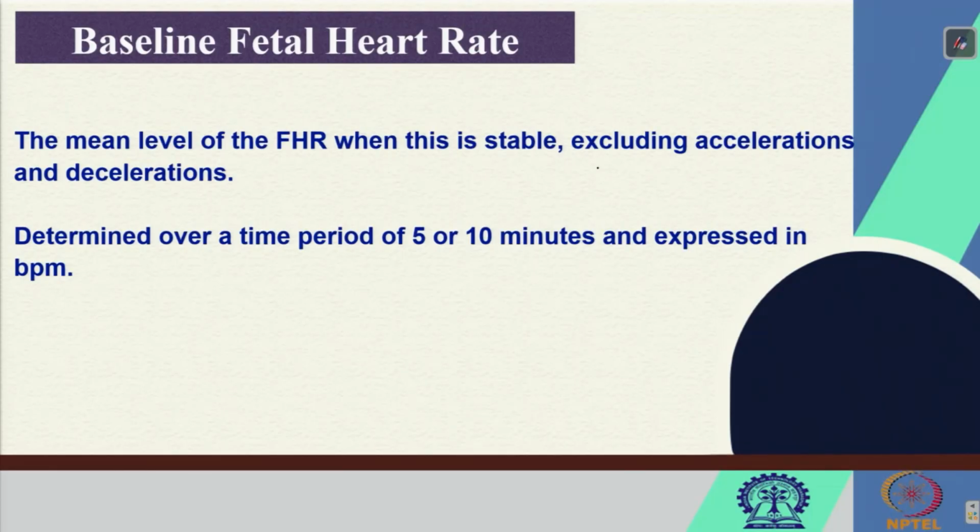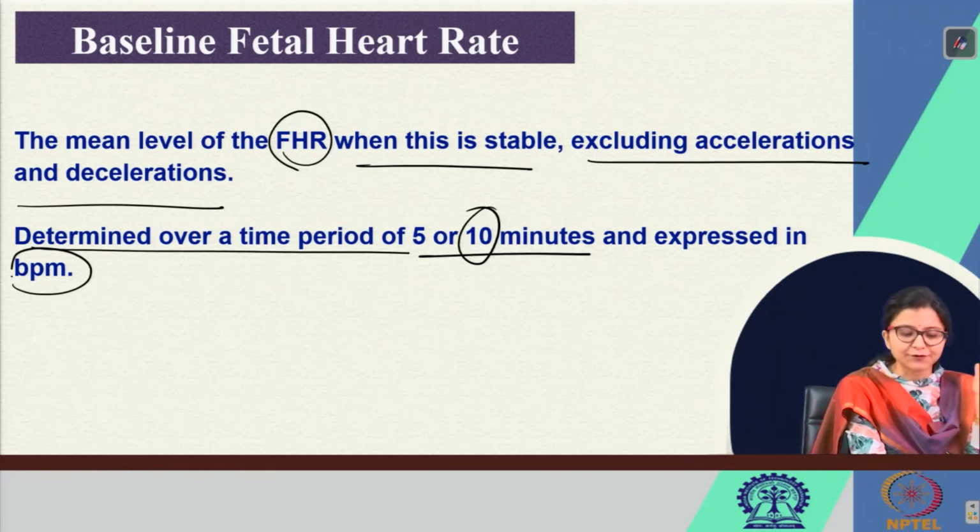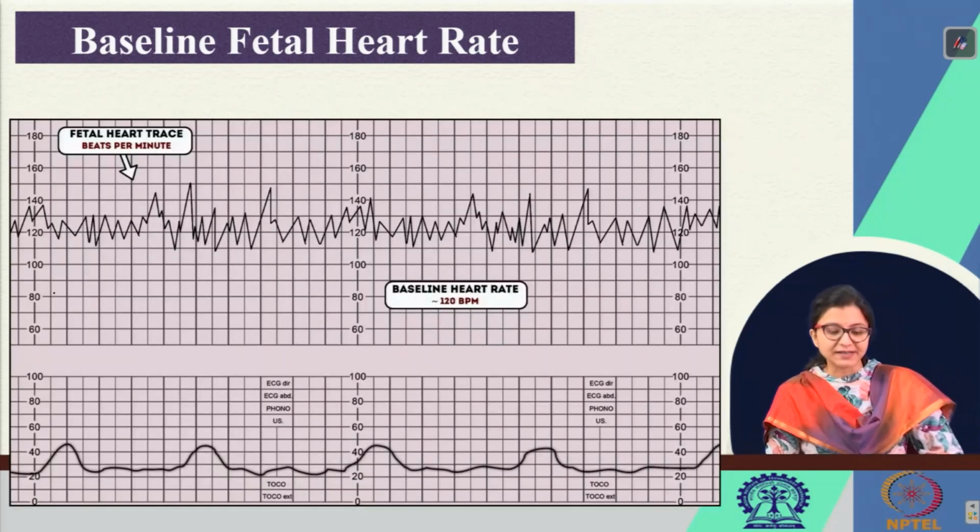So, coming to one by one, baseline fetal heart rate. Baseline fetal heart rate, when it is stable, excluding the acceleration and deceleration, is the mean level of fetal heart rate, and it has to be determined over a period of 5 to 10 minutes, mostly 10 minutes. It is expressed in the form of beats per minute, right.